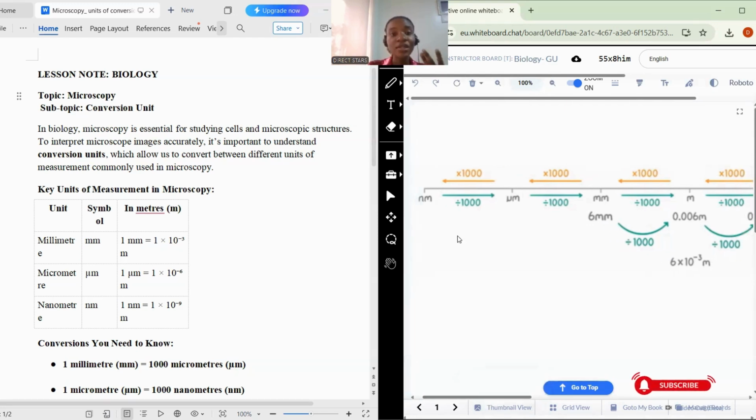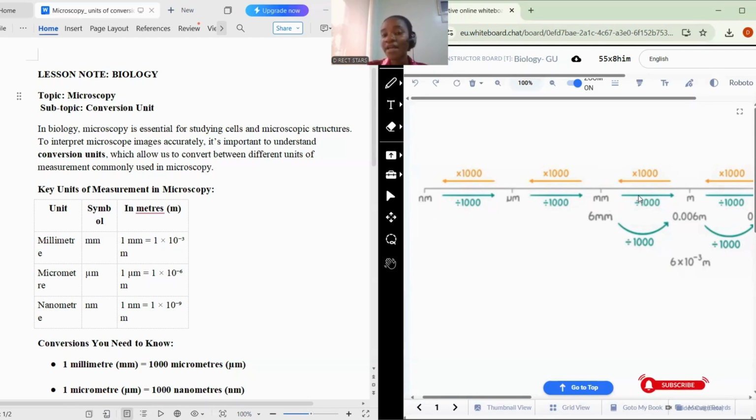So now take a closer look at this diagram right here. You can see the nanometer, you can see the micrometer. These are the symbols in which they are being denoted. To convert from the nanometer to the micrometer, which is quite bigger than the nanometer, you have to divide whatever the figure is by 1,000.